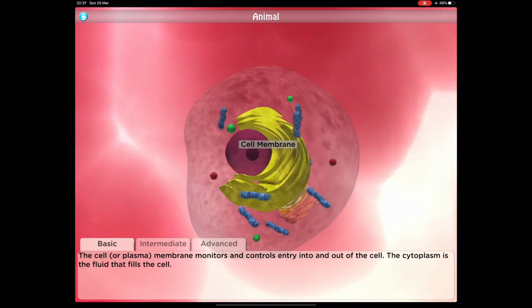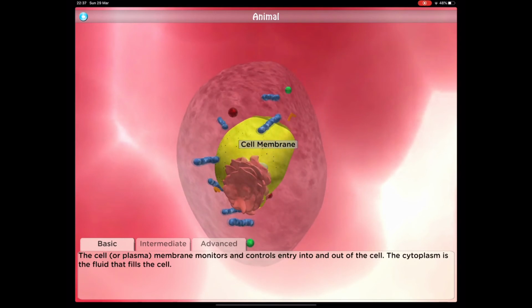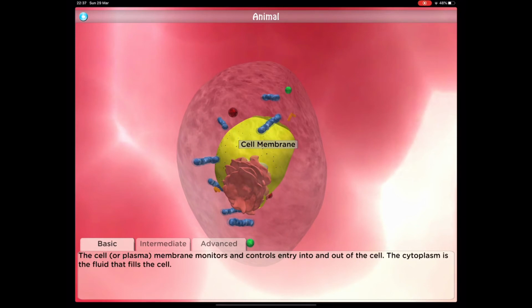Okay, so cells also need to, in certain instances, let substances move out, and that will become clearer when we talk about certain types of cells that are involved in the defense of the body. But for now, just at this stage, can you put down on a piece of paper that the cell membrane controls entry into and out of the cell.